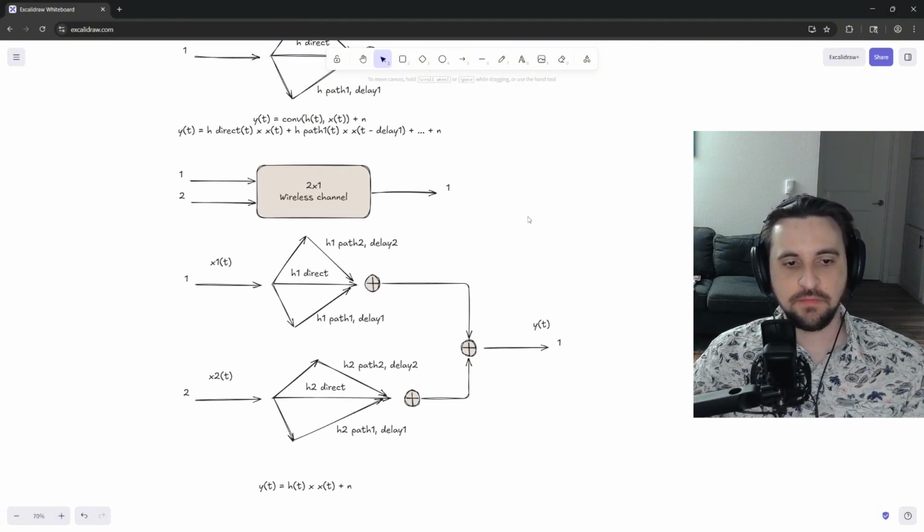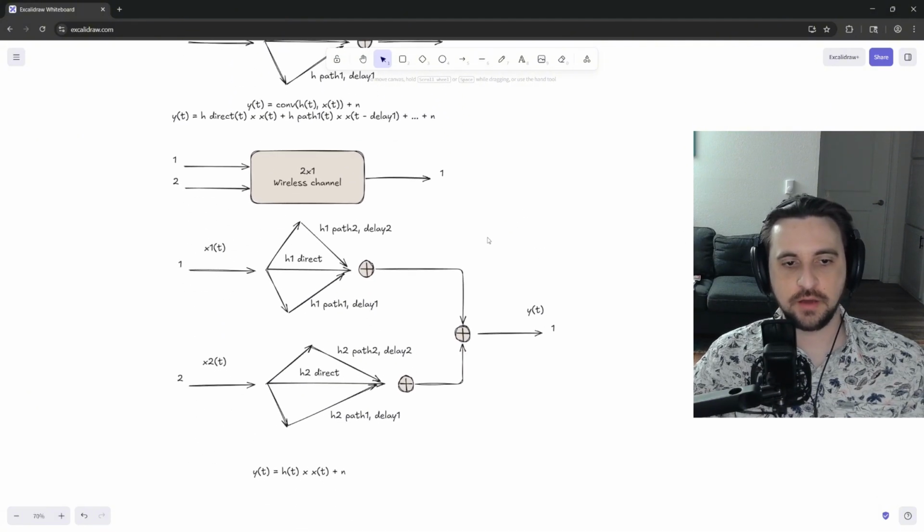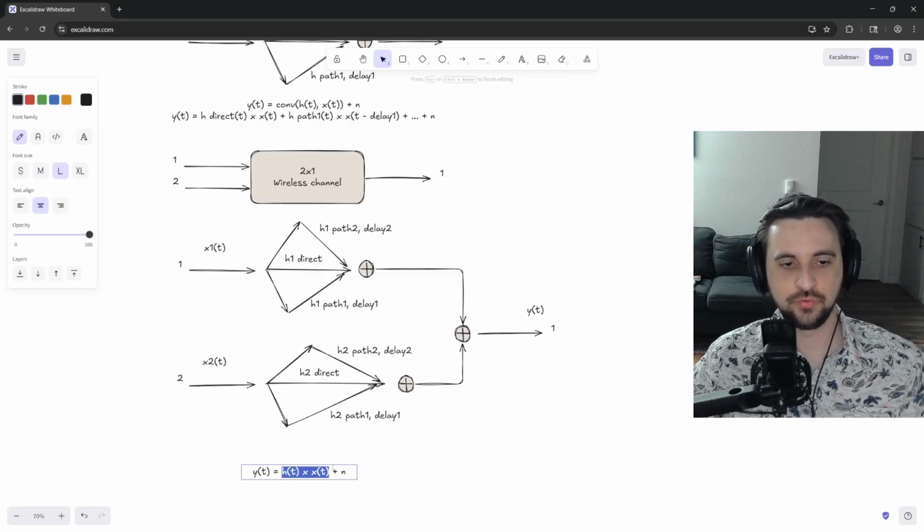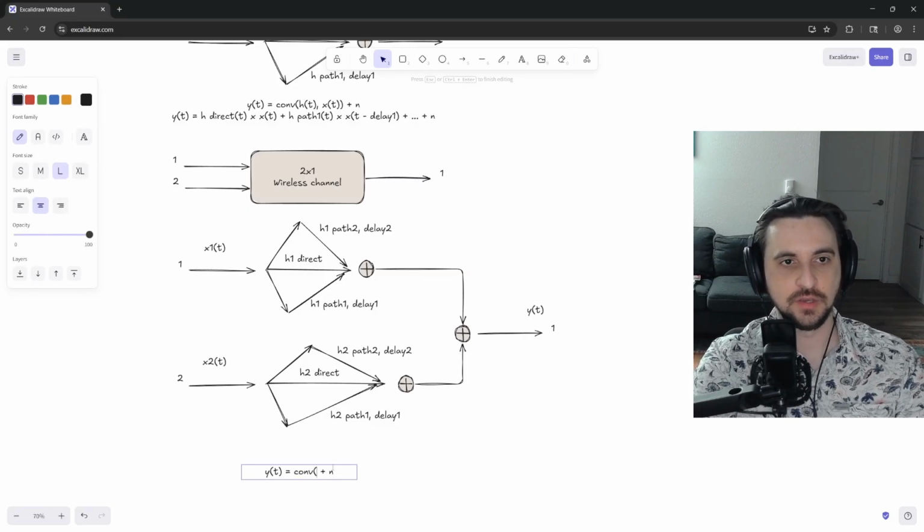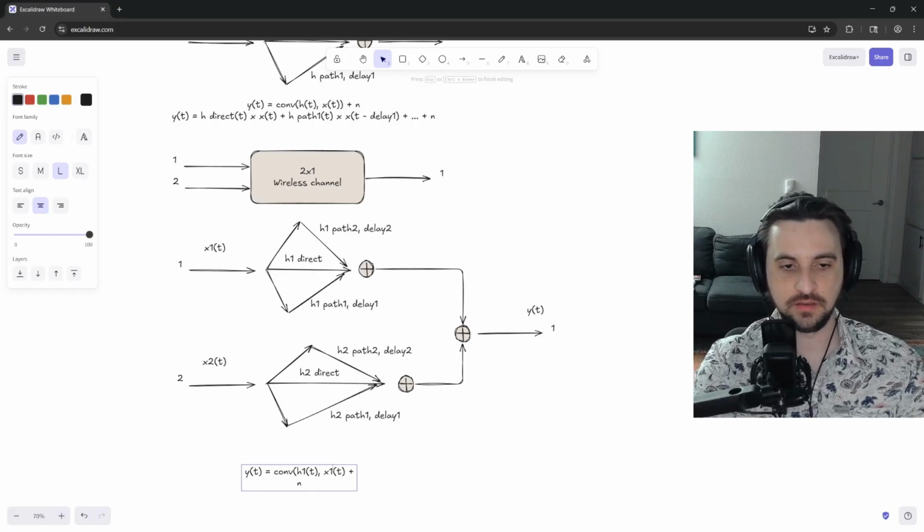So now the same thing happens here, but now it's a superposition of two transmitters at the same time. So it's the convolution of H1(t) and X1(t) plus the convolution of H2(t) and X2(t).